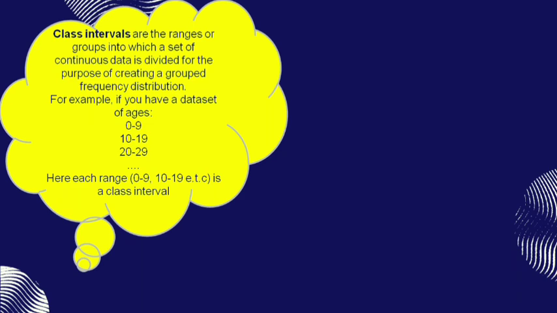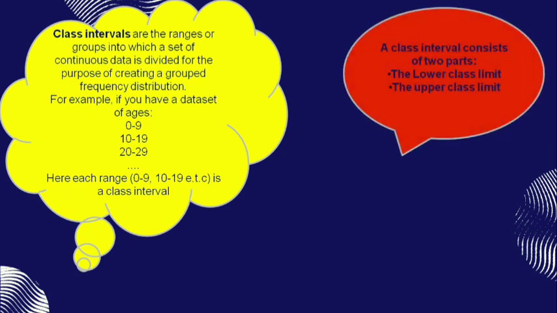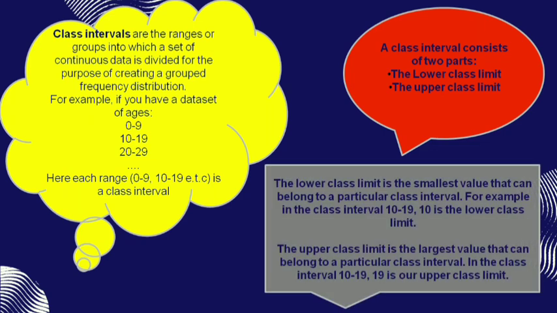For example, if you have a dataset of ages 0 to 9, 10 to 19, 20 to 29, and so on, each range, for example 0 to 9, is a class interval. A class interval consists of a lower class limit and an upper class limit. The lower class limit is the smallest value that can belong to a particular class interval.